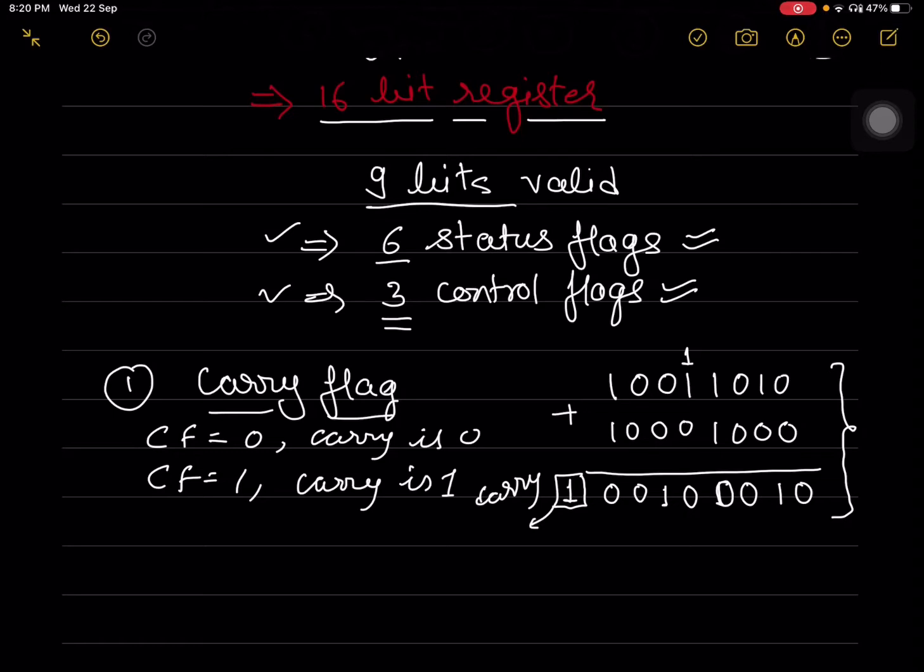If the processor is performing subtraction of x minus y, then there are two cases. If x is greater than y, then in the subtraction the borrow required will be equal to 0, and if the borrow required is 0, the carry flag status will be copied as 0. So the carry flag not only copies the status of carry, but also carries the status of borrow in the subtraction.